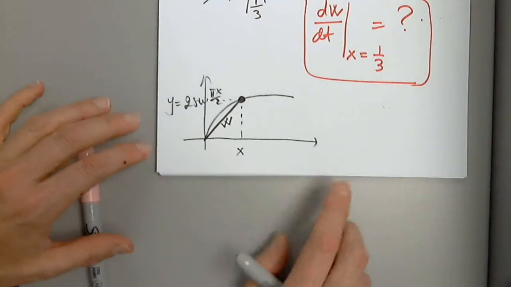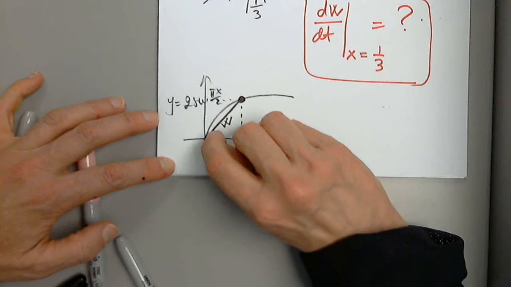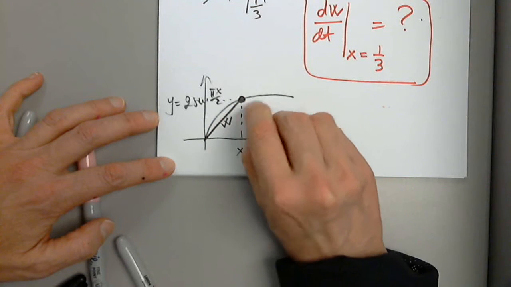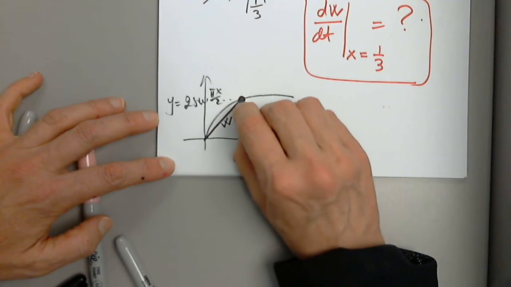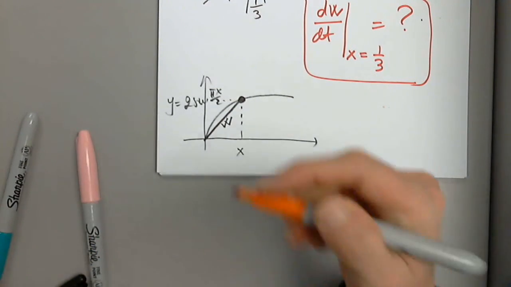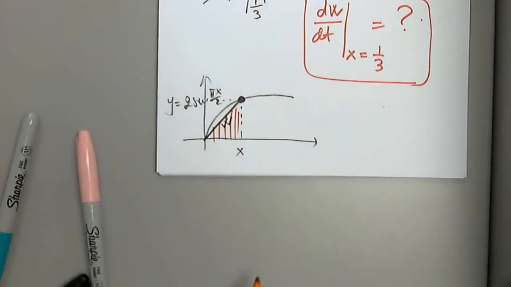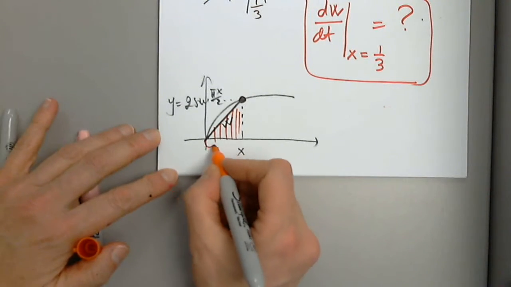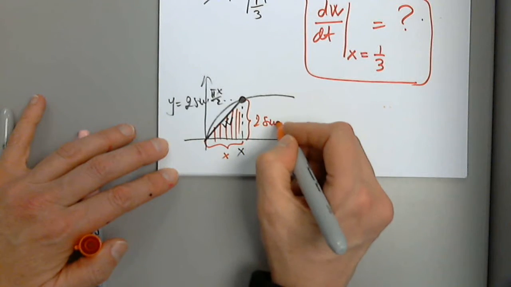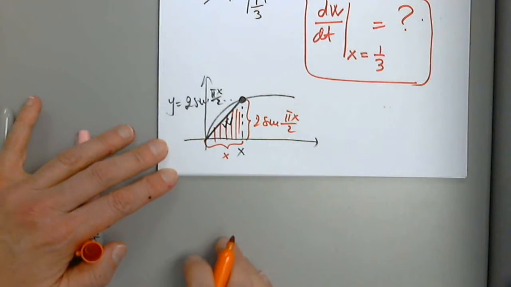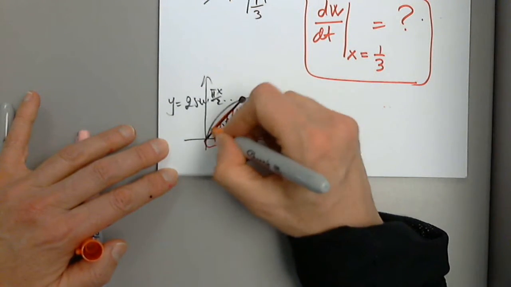So this is the general situation. The particle moves along this curve, and at a particular instant, this is the distance between the origin and the particle. I see a right triangle in which this is the x and this is 2 sine pi x over 2, and this is the w.